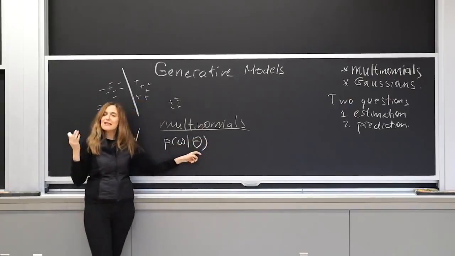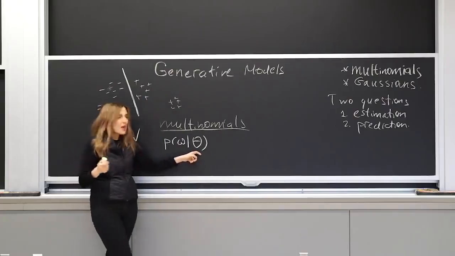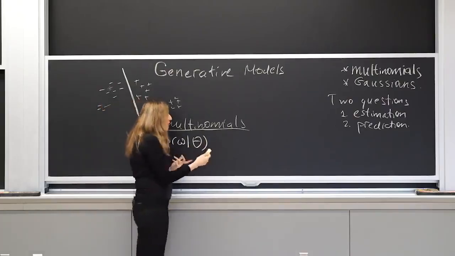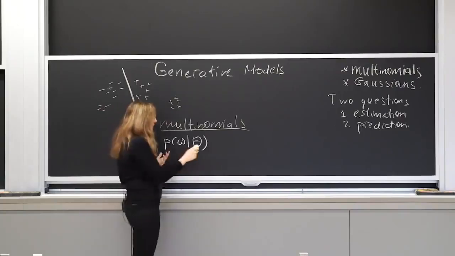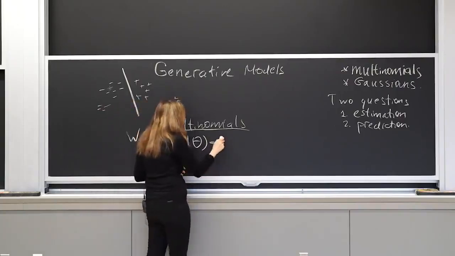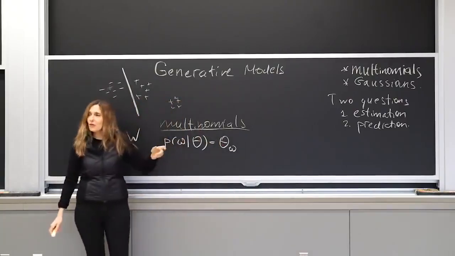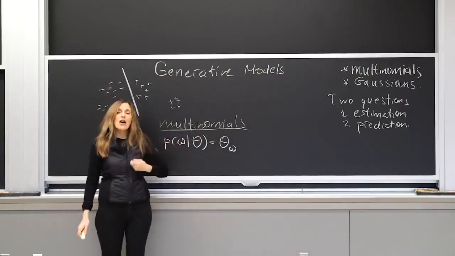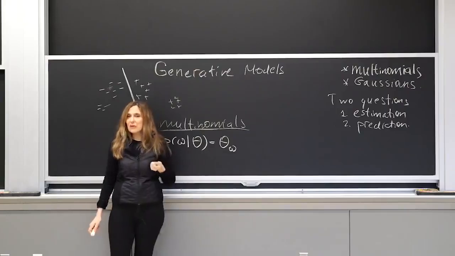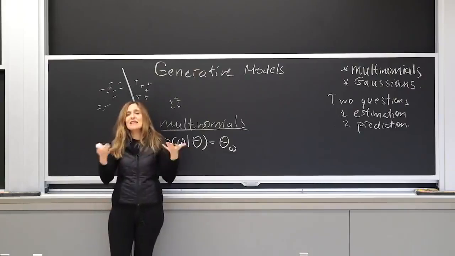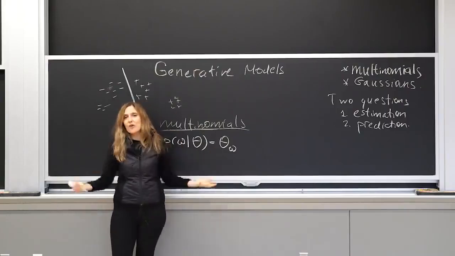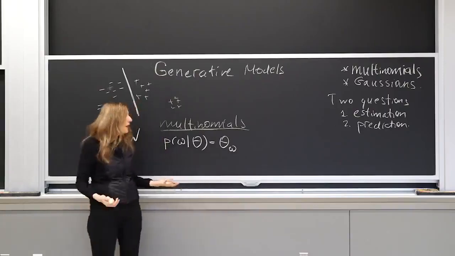So theta means parameters of the model. And in this case, just for ease of writing, I would write it as theta W. So theta W captures the likelihood of me generating certain words given all the possibilities, okay?